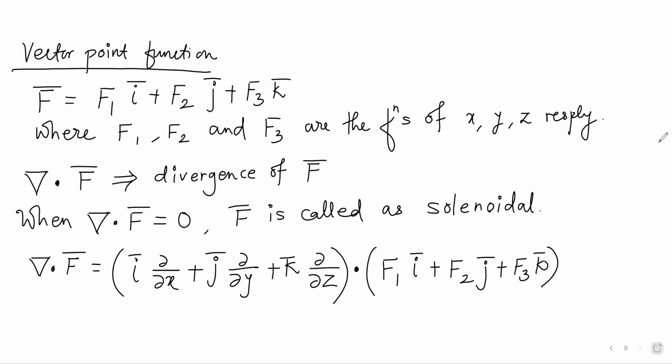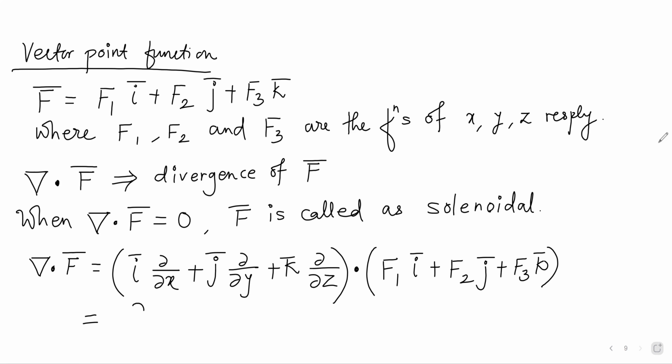Correct? So what will happen is this operator gets operated on the components. In dot product, what we do is we multiply the coefficient of i bar, coefficient of j bar, coefficient of k bar. Now one of them here is an operator. It's a partial derivative. So that will get operated on f1.